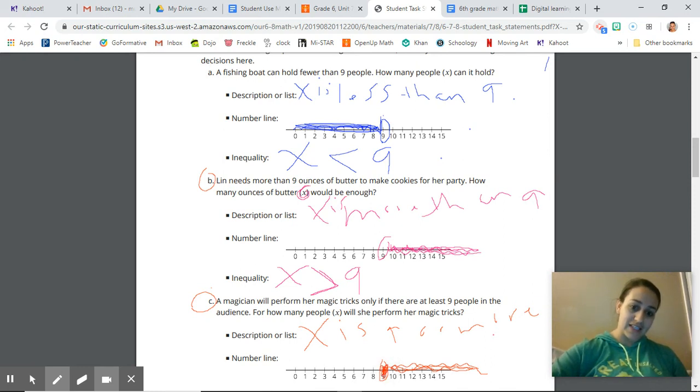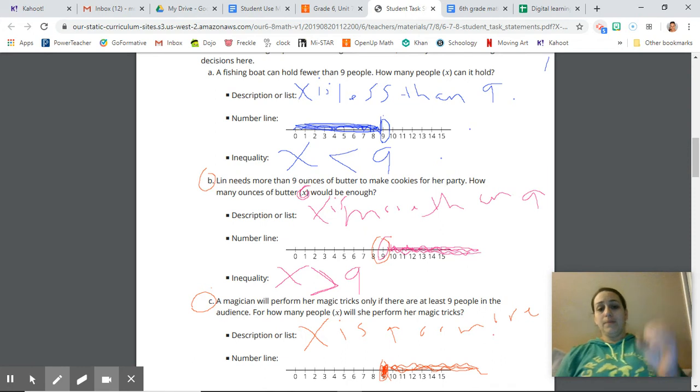I'm going to make this into a closed or darkened circle on the number 9. Whereas in the situation with Lynn up above, that's going to remain an open circle because 9 isn't enough. She needs greater. With the magician, 9 is good, so are 10, 11, 12, and so on.